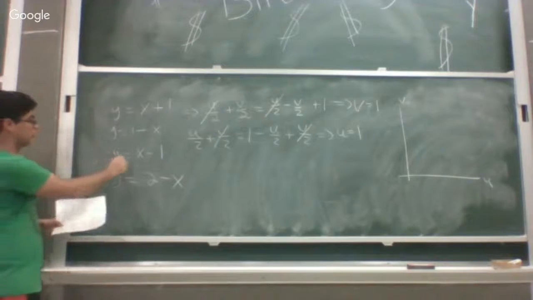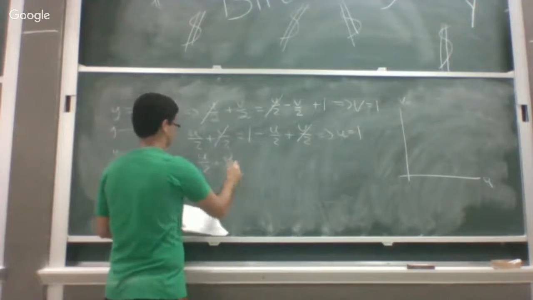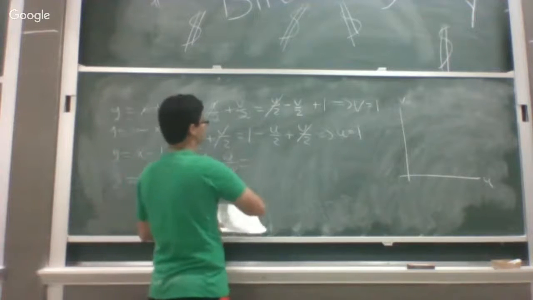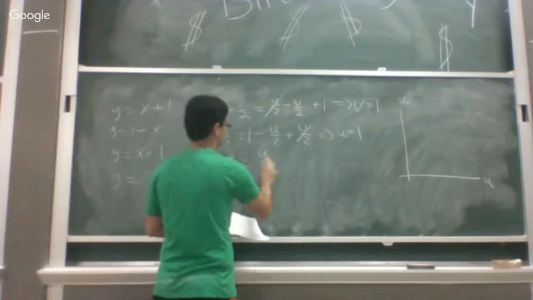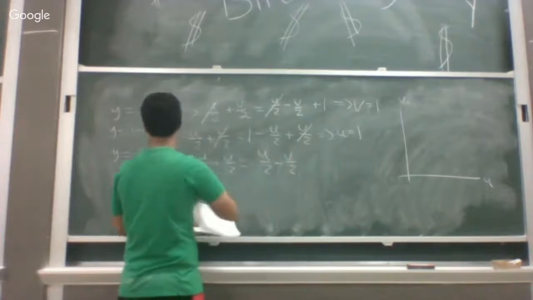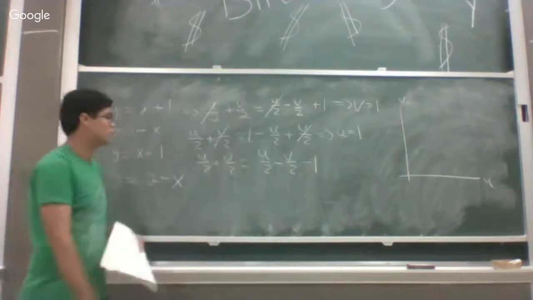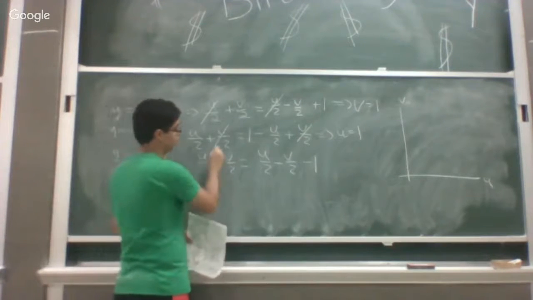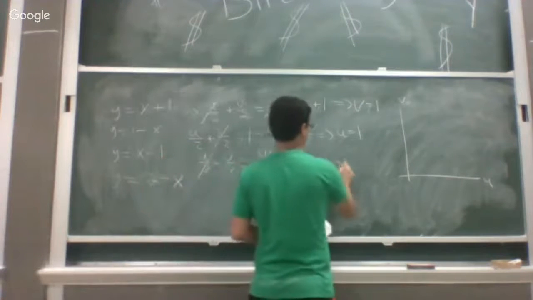In this equation, we have x minus 1, so we have u over 2 plus v over 2 equal to x, which was u over 2 minus v over 2, minus 1. Okay, so the u over 2's cancel out, and we are left with v is equal to negative 1.